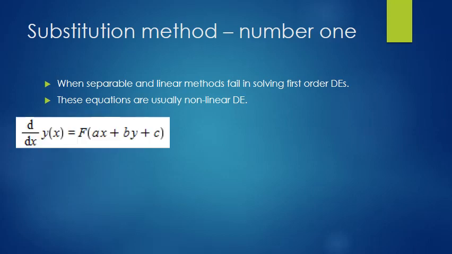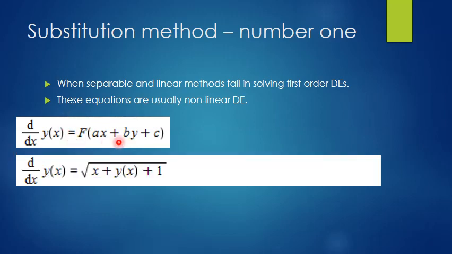So here is an example of a first order differential equation. And if you can see, the derivative is equal to some function that has this characteristic where you have an ax plus by plus c function that's easily discernible inside the derivative. So let me show you an example.